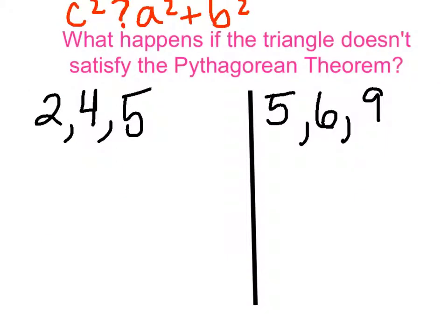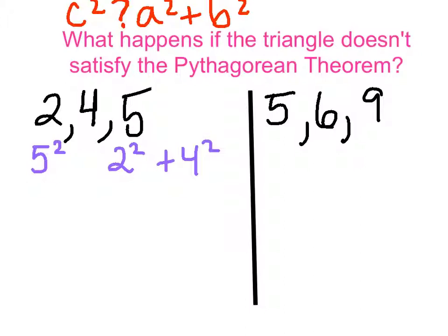Now, we've seen that when a triangle satisfies the Pythagorean theorem, it's a right triangle. But as I mentioned before, it could be less than or greater than as well. The square of the largest side could be less than or greater than the sum of the other two. So let's see how this happens. Remember, we want to start with 5 squared, the largest side, square it, and compare it to the sum of the squares of the other two sides.